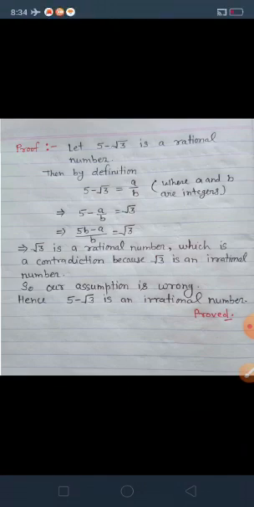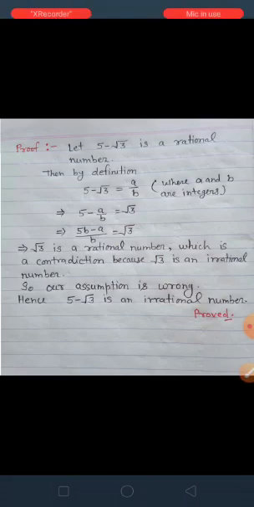Now we can write it as 5 minus a upon b is equal to root 3. When we transpose root 3 to the left side and a by b to the right side, which implies that 5b minus a upon b is equal to root 3.